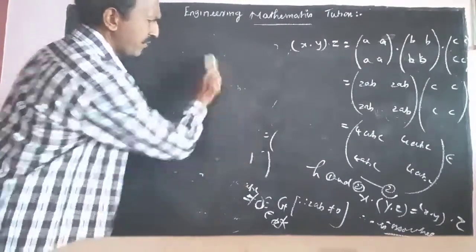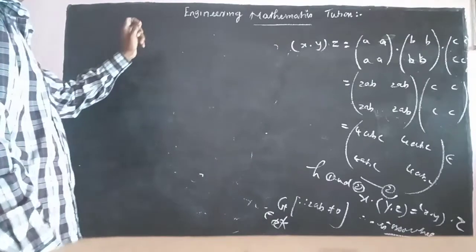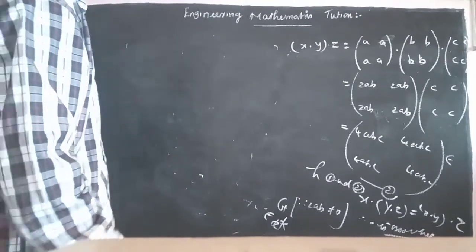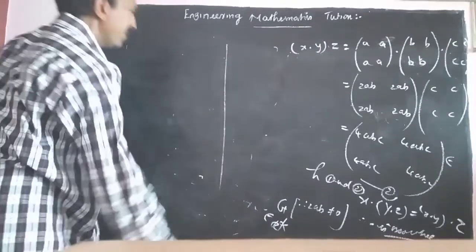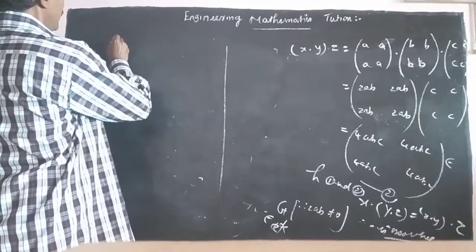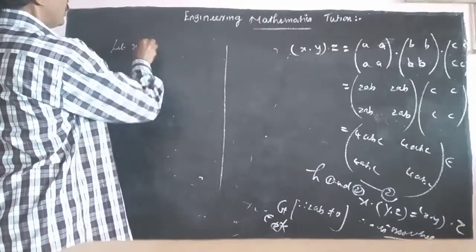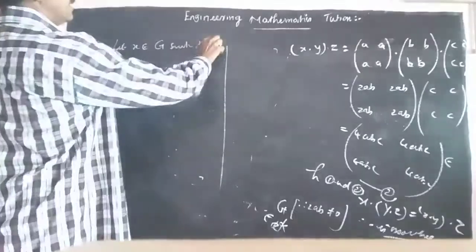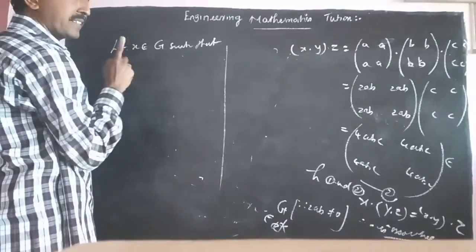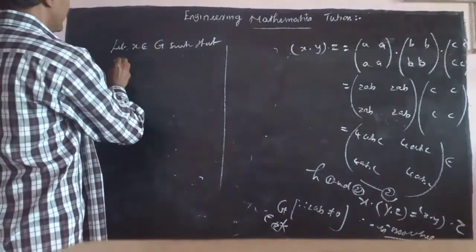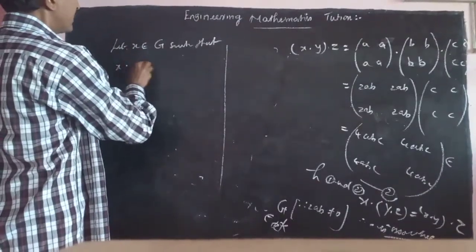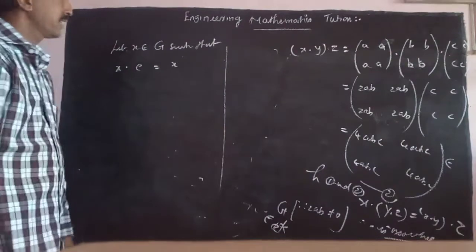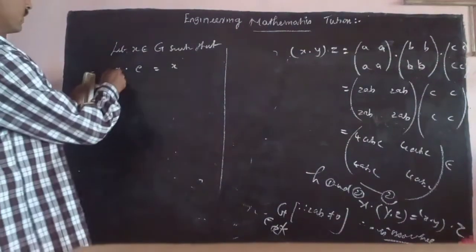Now you find the identity element. What is the identity property? The identity property is A star E is equal to A. So identity: let E belong to G such that X dot E is equal to X. So what are the X?